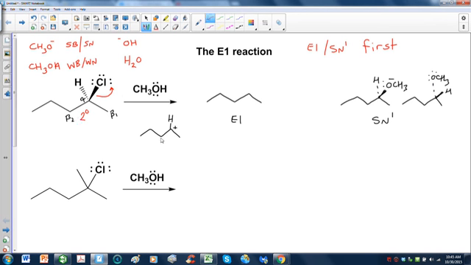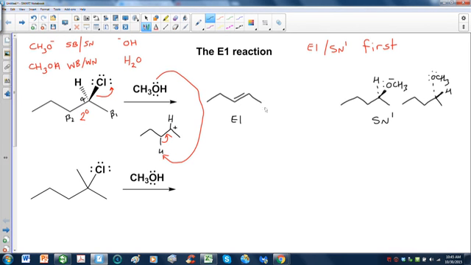Well, from what you've seen before, the Zaitsev rule still applies. Whether it's E1 or E2, you're always looking to form the most stable alkene product, so that nucleophile grabs that hydrogen, breaks that bond, and in an E2 reaction the leaving group would then come off, but in an E1 reaction it's already come off. So the product here is this.